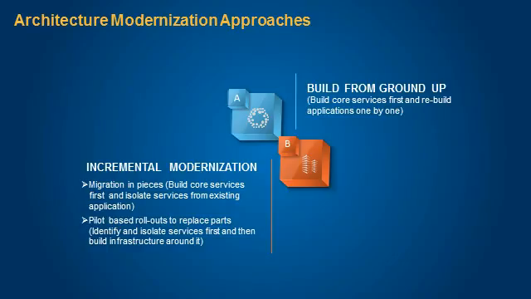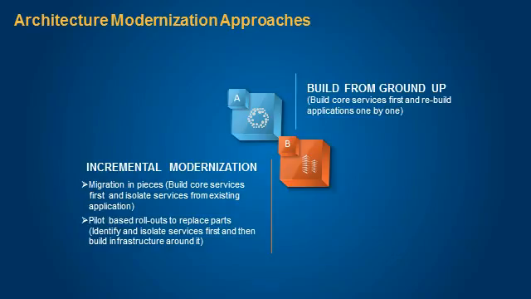So here we propose two different ways of doing it. One of them is to build the core services first, isolate services from your existing application, and plug them into the core service.